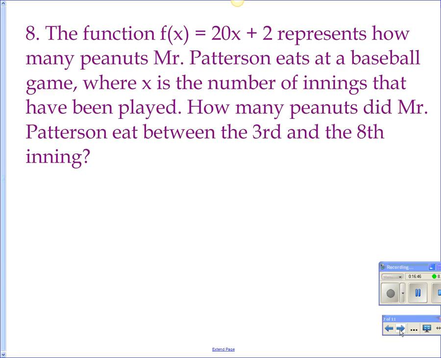All right. Number 8. Dylan, read that one. Of X. Where X is the number of innings that would play. Good.